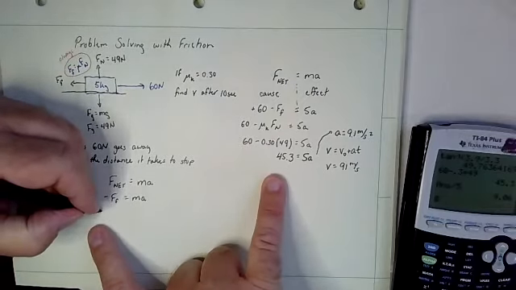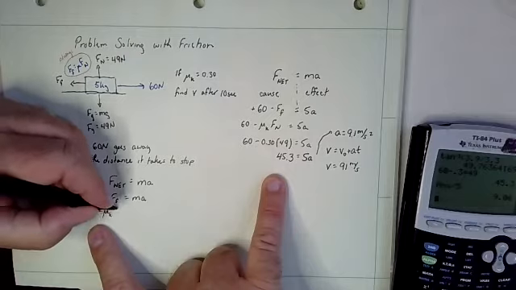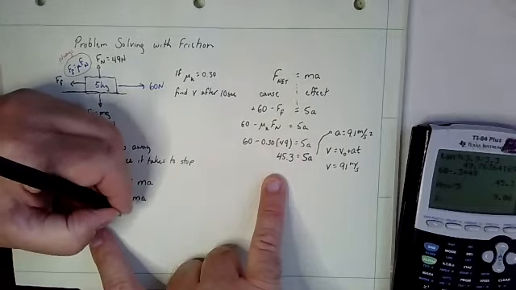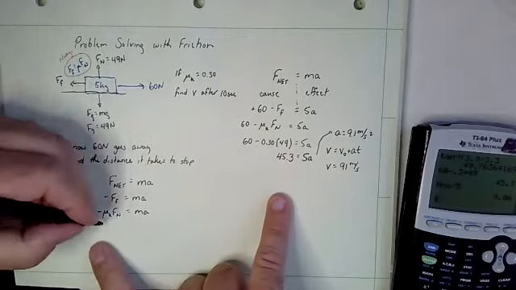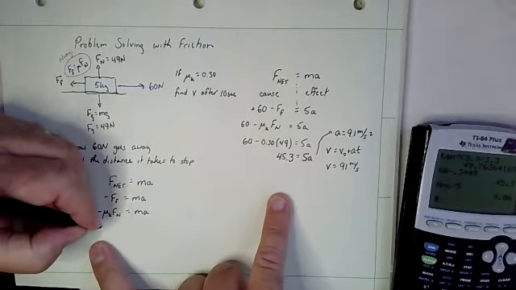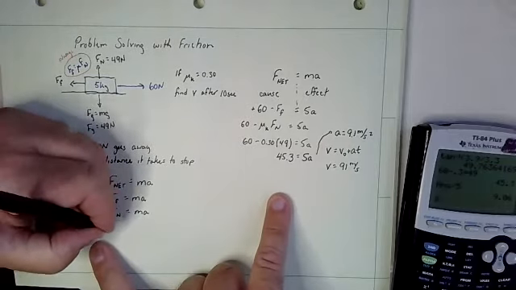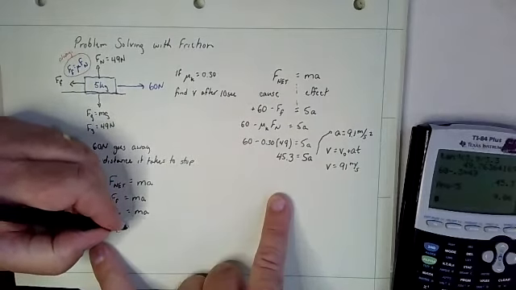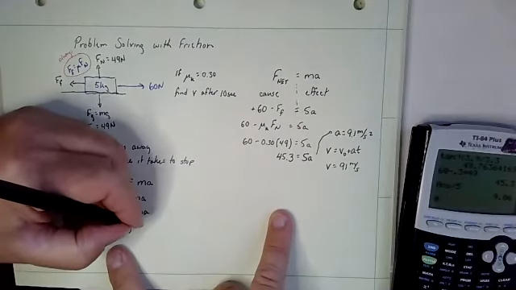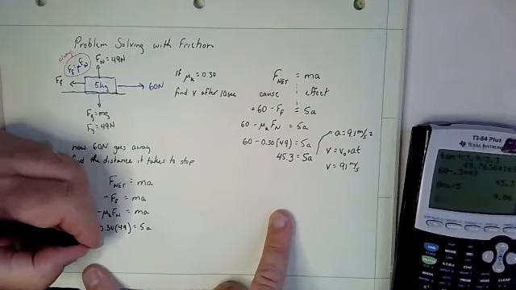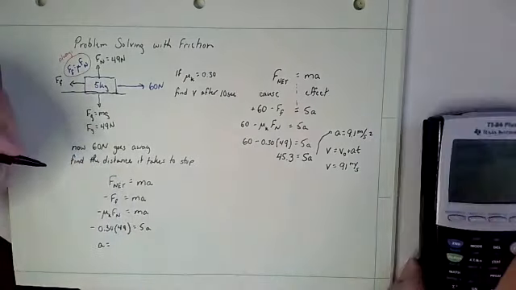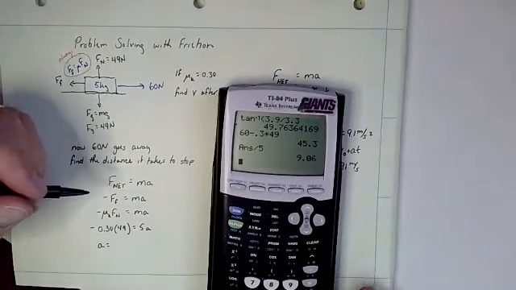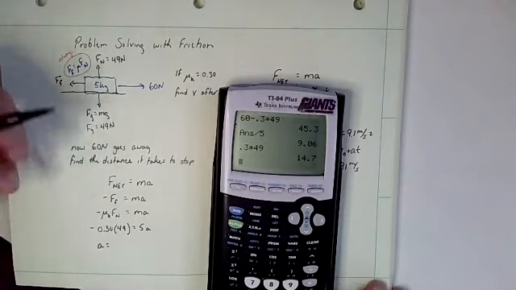So this is going to be equal to the coefficient of kinetic friction times the normal force. It's equal to mass times acceleration. Now I can start putting in some numbers. So minus 0.3 times the normal force, which is still 49. And that's equal to 5 times A. So A is going to be equal to, I multiply these two numbers together, 14.7.